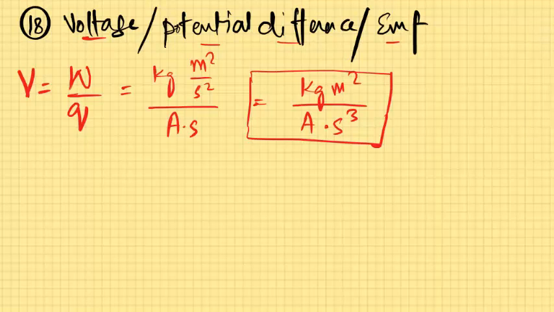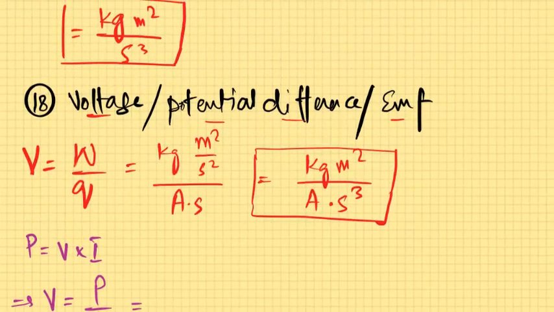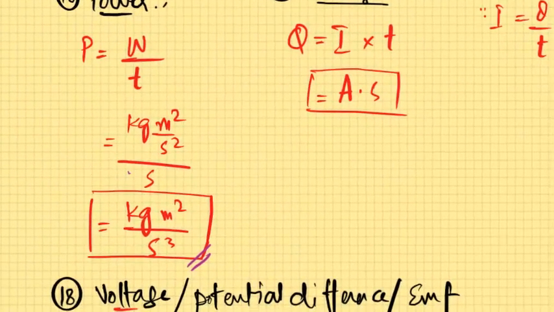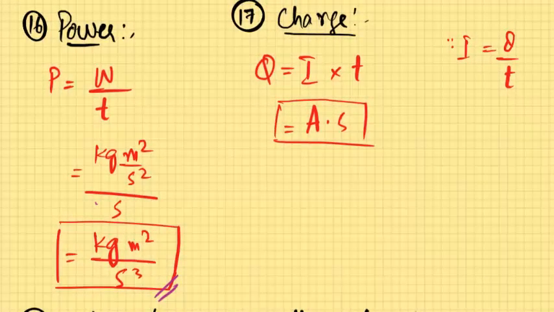But there is another way I can figure out the SI base unit of voltage, and I would want to try that new way. We all know that power is voltage times current. So with the help of this equation, I can say that voltage is power over current. We have just seen that the SI base unit of power is kilogram meter square per second power 3.